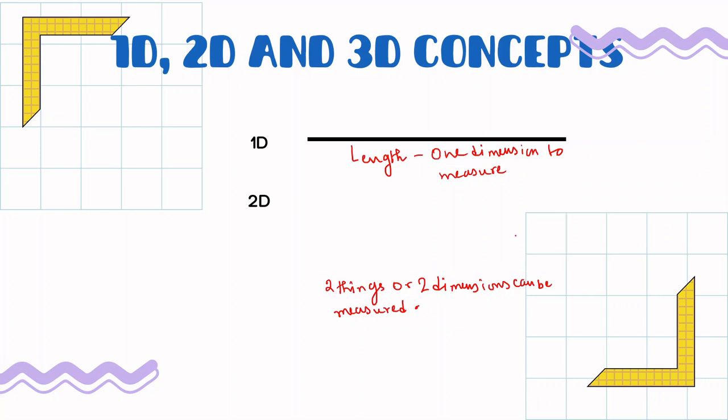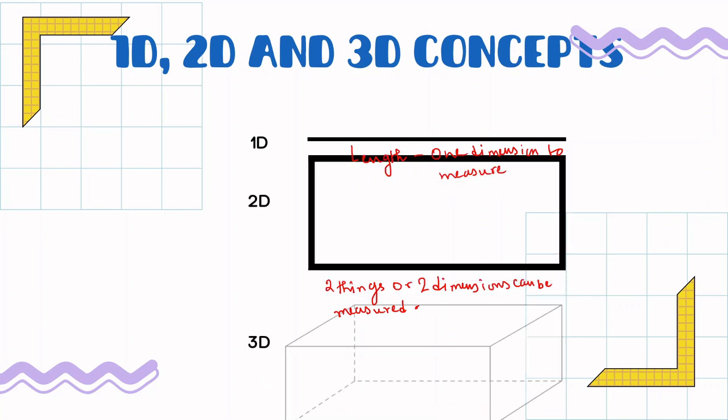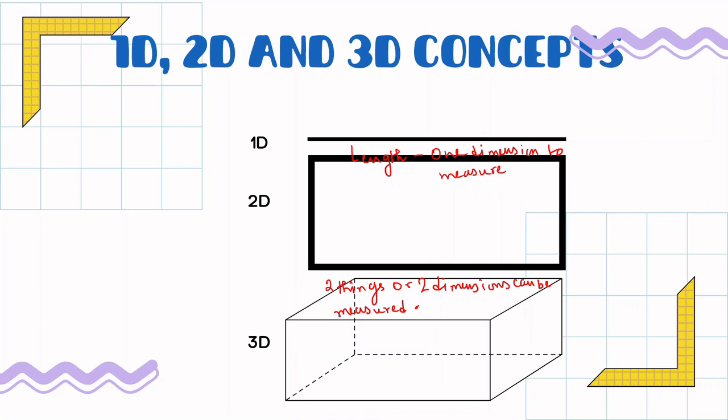Next is 3D. In 3D, you measure the length. This is the length. This is the breadth or width.